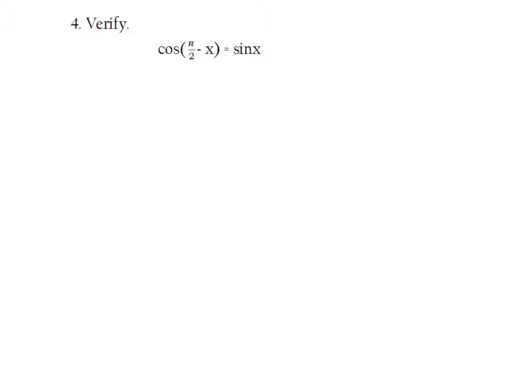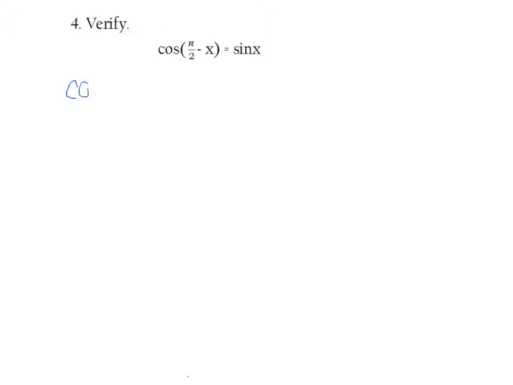Let's practice a little bit of verifying. Verifying with the sum and difference identities is usually pretty slick. It falls out just beautifully. Again, one thing you cannot do, the number one rule here, is do not distribute. Immediately go to your identity. The cosine identity, I'm going to start way over here on the left.